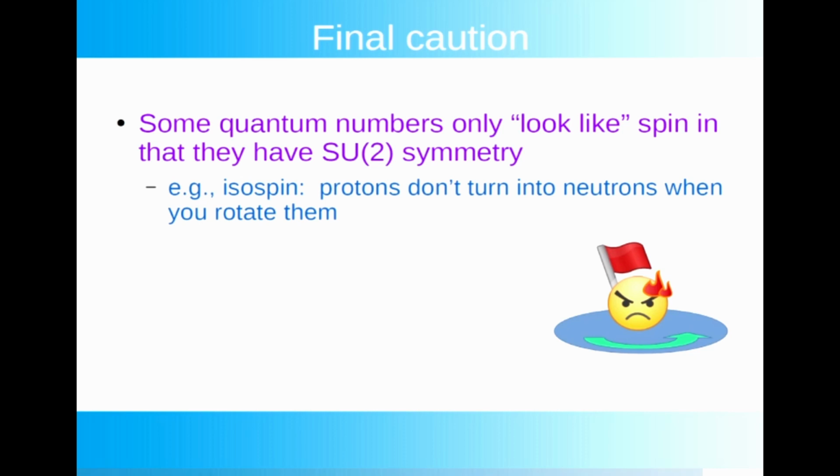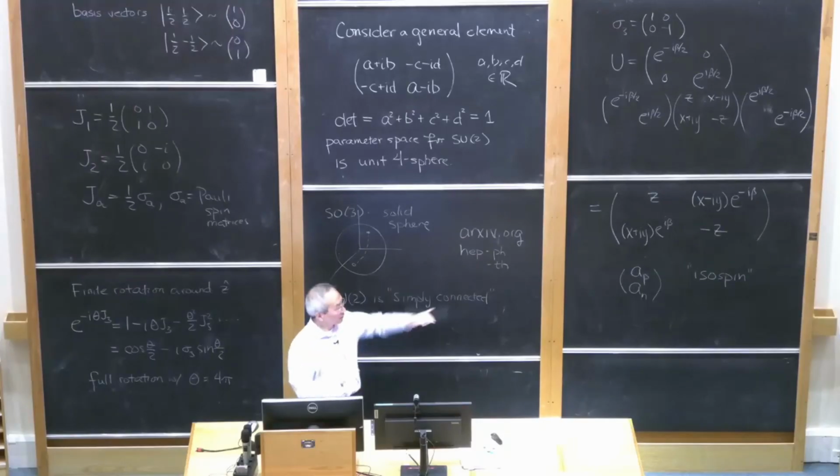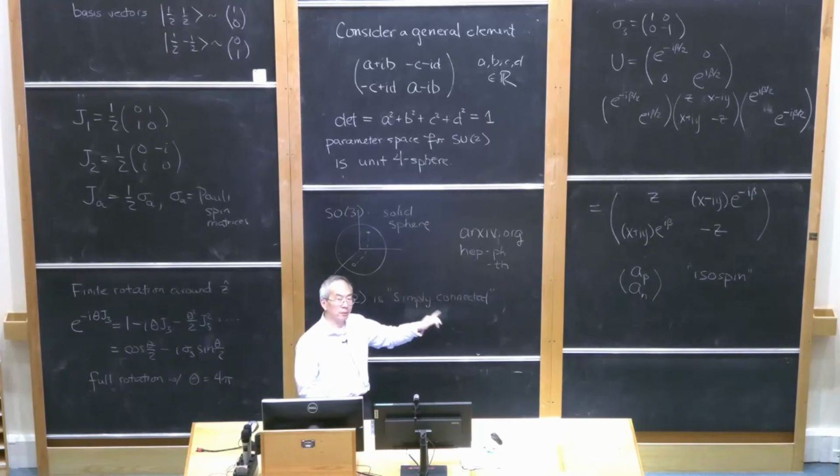But it is not the spatial spin. This is only a rotation in proton-neutron or later up quark, down quark space. So if you do a rotation, you do not in fact turn protons into neutrons. Okay, just as a reminder, because this can be a little bit confusing, the word that they use, isospin, is just to tell you that it is acting algebraically like spin. Okay.